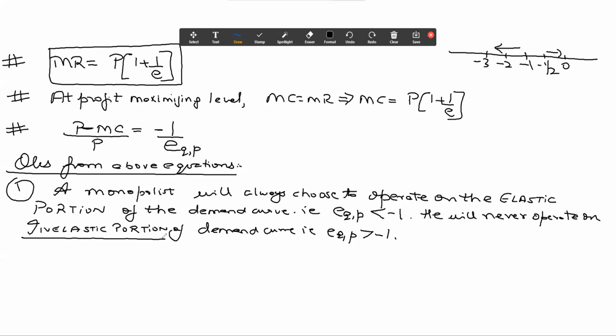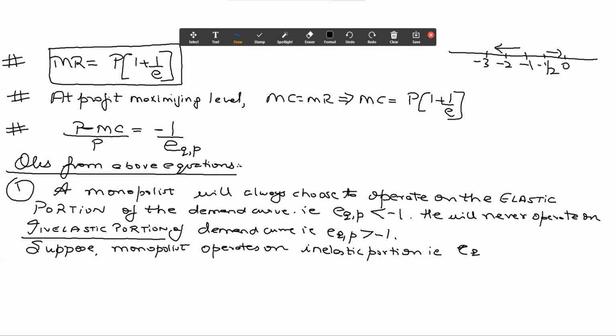Now let us see if the monopolist operates on the inelastic portion, that is, EQP is more than -1. Let us take an example. Suppose EQP is equal to -half.